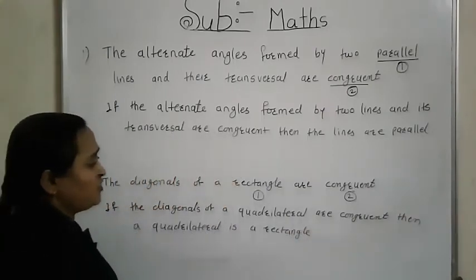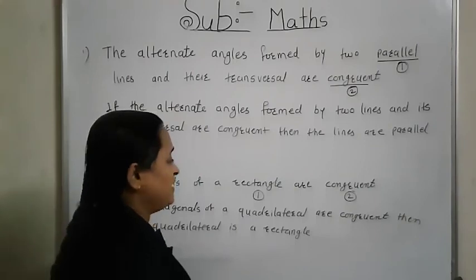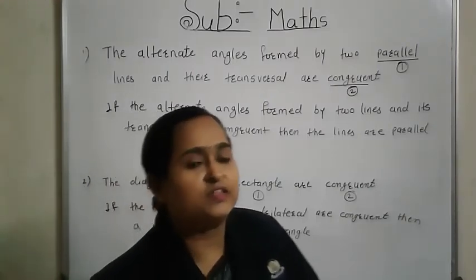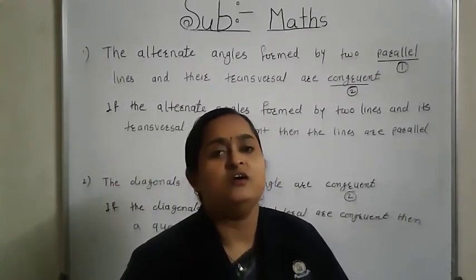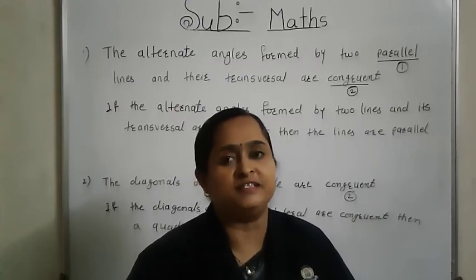Now in this way we can write the converse. We have to interchange the antecedent and consequent.